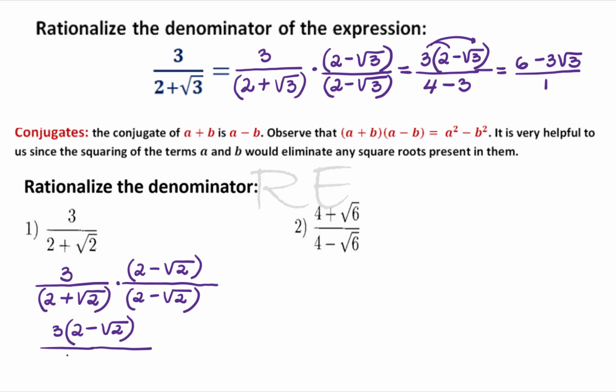The denominator becomes a difference of two squares, 4 minus square root of 2 squared, which is minus 2. 3 times 2 is 6, 3 times negative square root of 2 is minus 3 square root of 2, and 4 minus 2 is 2.